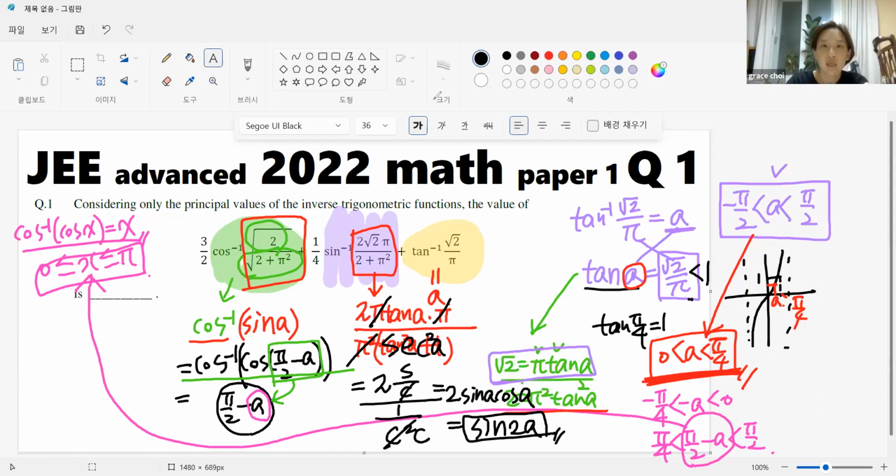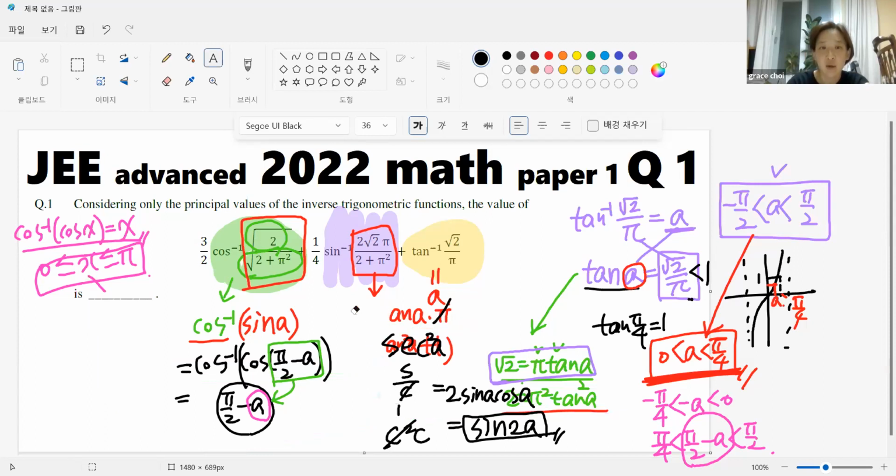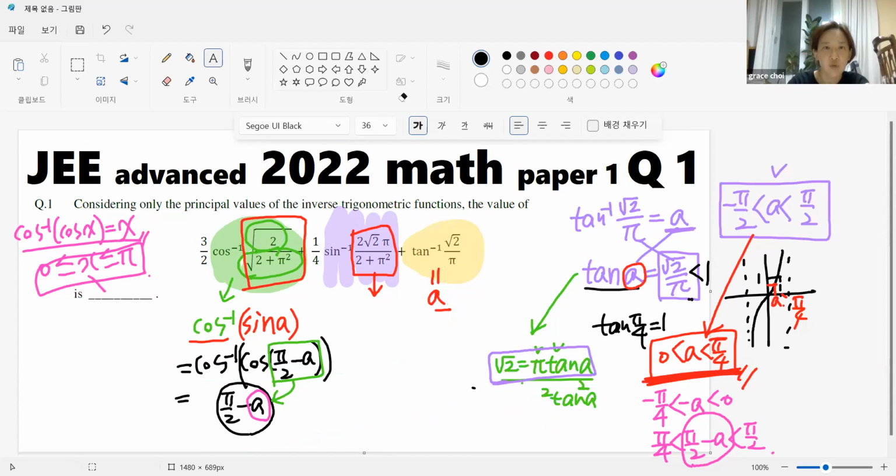But it's not the end. We need to check. So this complicated part simply becomes sine 2A. So the purple one is now sine inverse of sine 2A. Is it 2A or not? Not sure. The A interval is A between 0 and pi over 4.